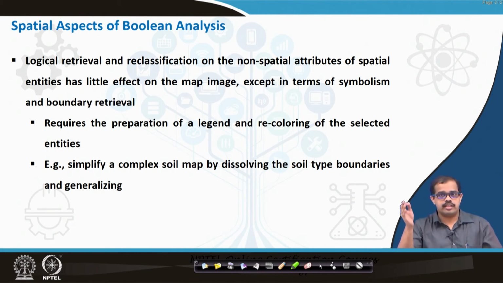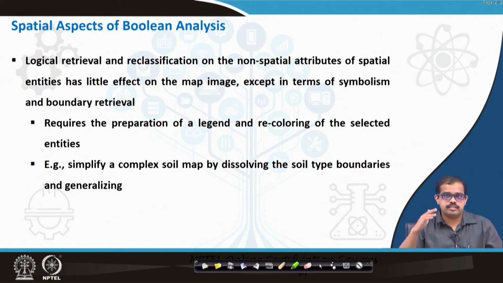Just putting a color, putting a shape, whatever you represent in the form of different colors, etc. Only those things are affected, but it does not really affect the map. But it requires the preparation of a legend and recoloring of selected entities, and simplifies a complex map by dissolving soil type boundaries.